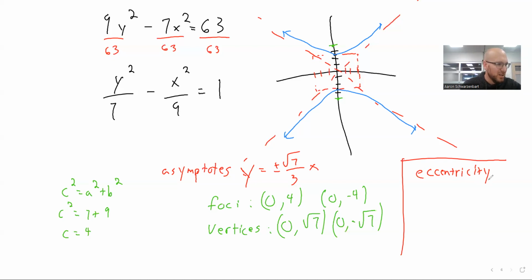Eccentricity for a hyperbola, I believe, is more than 1. Yes, it's more than 1. E again is still c over a. But this time my a is always this distance in here, and c is the larger distance here to here. This is going to be more than 1.